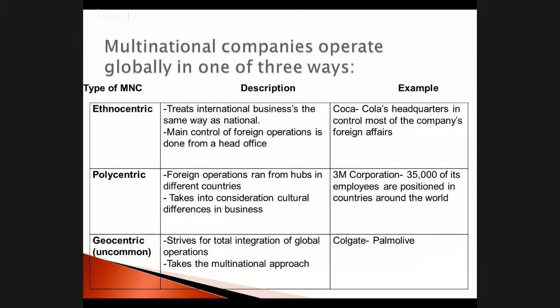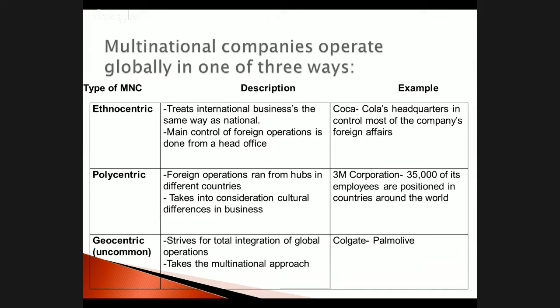When talking about ethnocentric companies, the big decisions are always made from the top, so from the home country or the home head office. That way of doing business is seen as tunnel vision, like there's only one way to do things and it's the way we do it here.